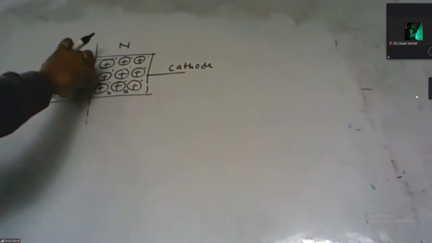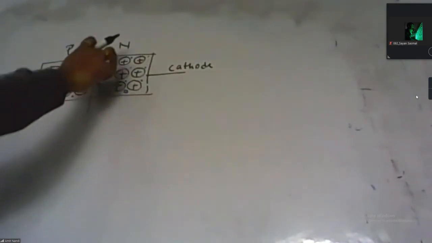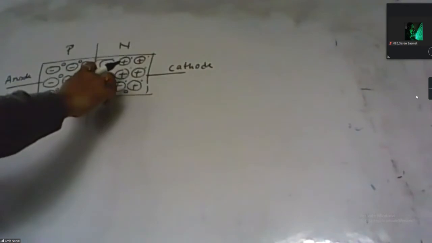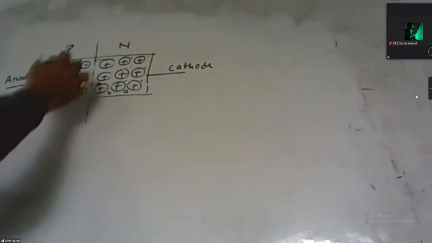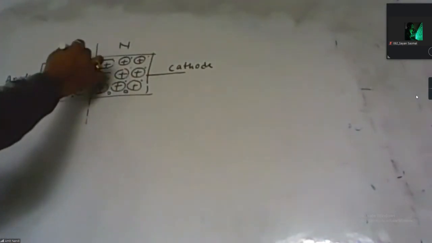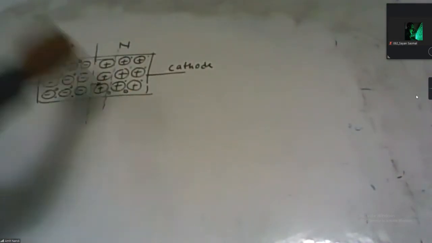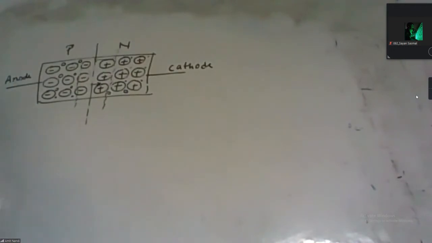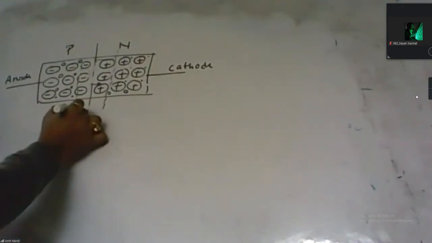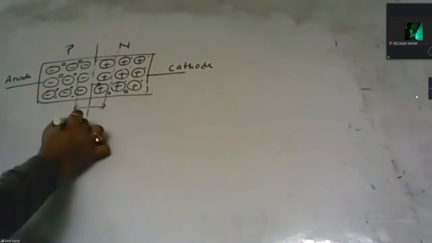So after the diffusion process, the electron and hole movement occur, and after that a region is formed. That region does not consist of any free electron or free hole. So this region is called the depletion region or space charge region.